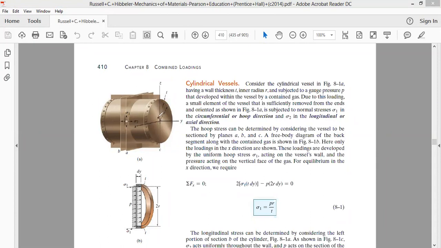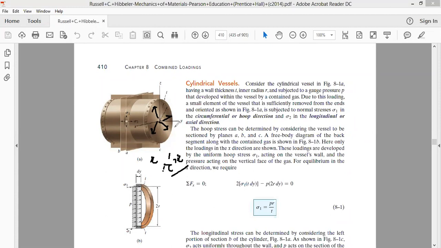When you fill this entire vessel with a pressurized fluid, that fluid will try to cause the enlargement of the radius. If initially the radius was r, as you fill it with a pressurized fluid, its radius will slightly change to r prime, such that r prime is greater than r.